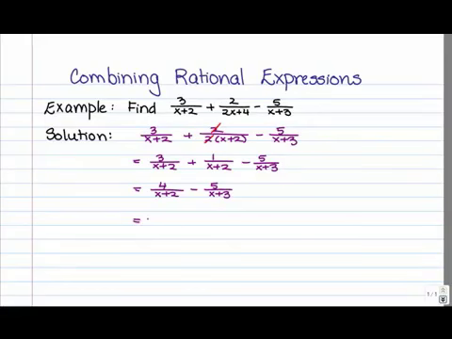So what we're going to end up with is a lowest common denominator of x plus 2 times x plus 3, and in the numerator we just have to think about what did we multiply each term by to get the appropriate denominator. And whatever we did to the denominator of that term we have to do to the numerator, or we'd be changing the question.